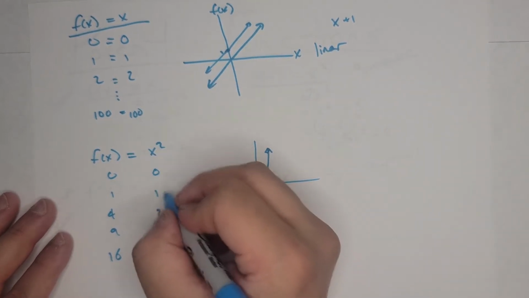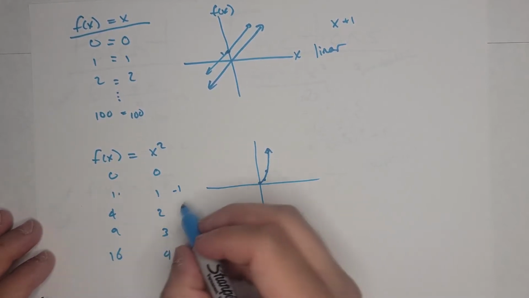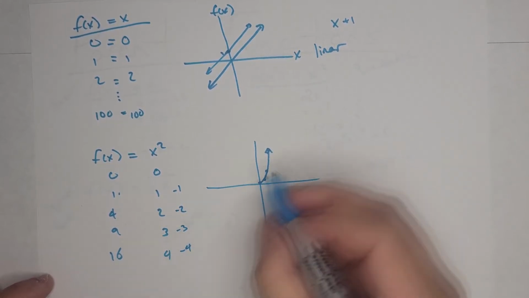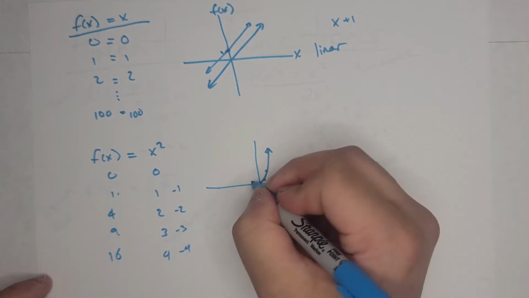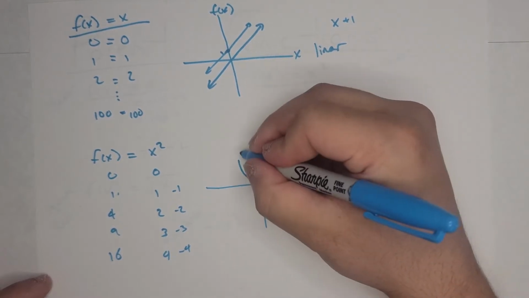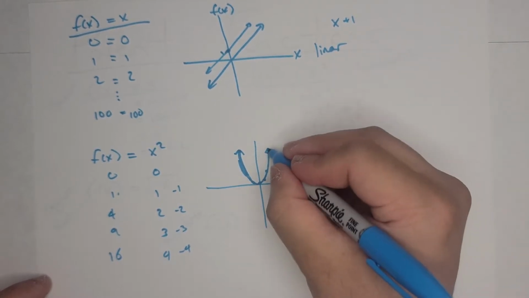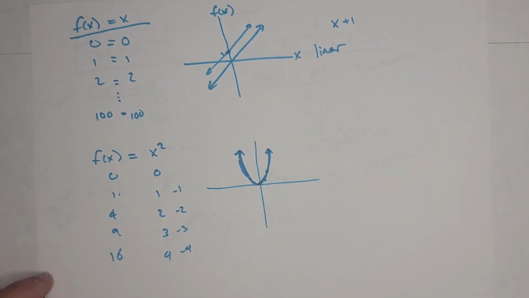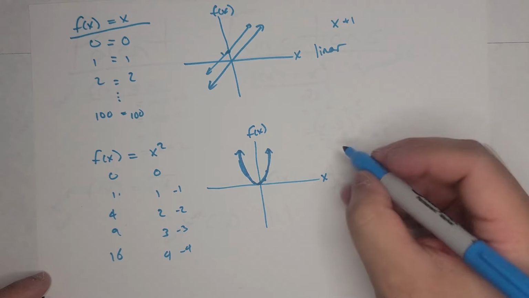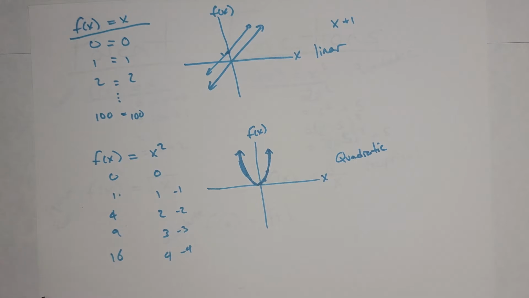But also, if you were to plug in -1, you still get 1, because -1 squared is also 1. Same with -2, -3, -4. You also get the same values. So at these negative values, you also get the same. I'm trying to be creative, artistic here, or not so creative. So yeah, and this is my quadratic.